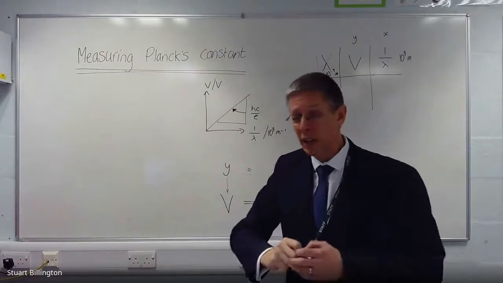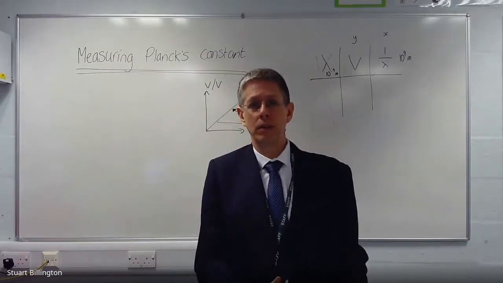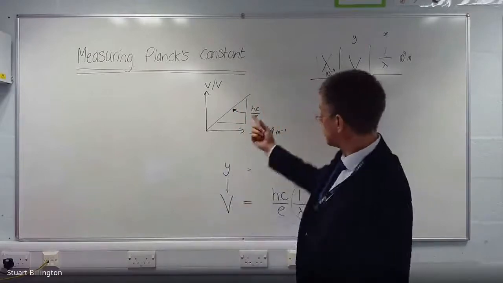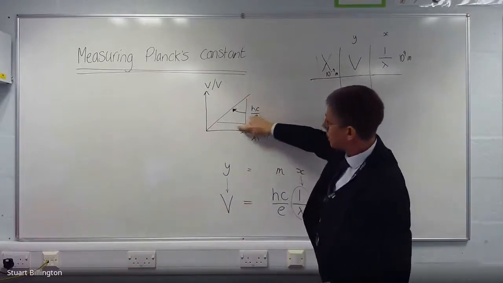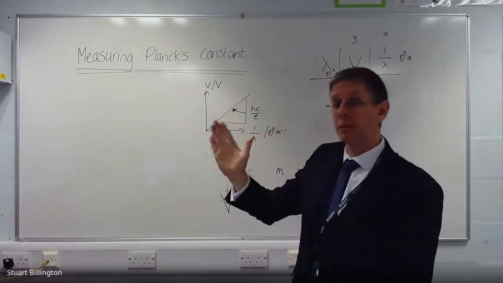Right, there are just 2 little things that I want to ask you to be careful about when you do this. The first is, seeing as I just mentioned it, this triangle, when you draw it, could you please try to make your triangle as big as possible?